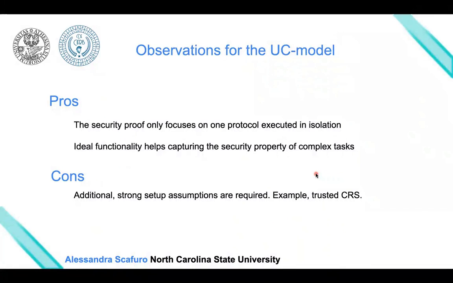So when we use the UC framework, we are gaining in security, giving a proof of security which withstands any possible composition. However, at the same time, we are losing in that now the system relies on the security of these trusted parameters. And if these parameters are not trusted in real life, then we lose basically everything.